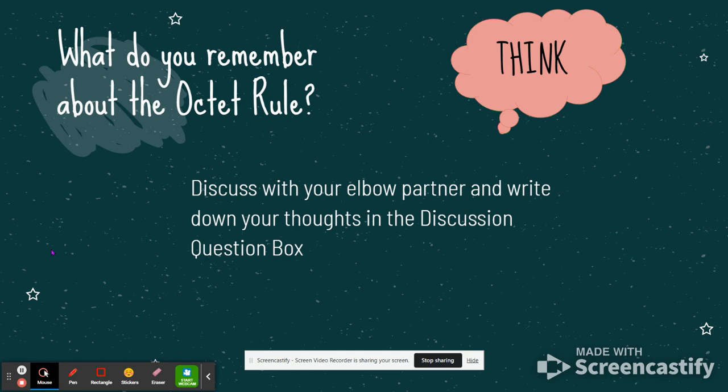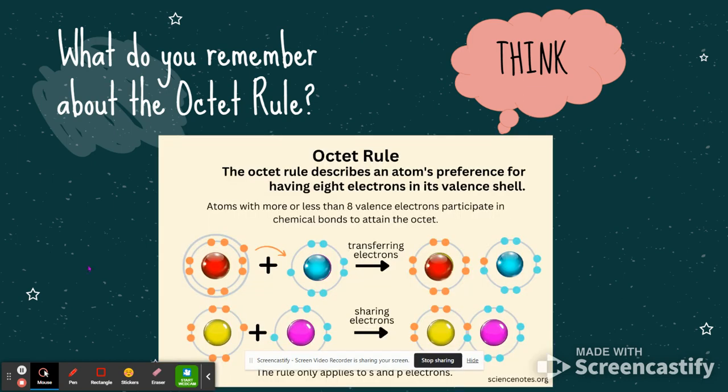All right, so the octet rule, just as a reminder, is an atom's preference for having 8 valence electrons in its outer shell, its valence shell. Atoms with more or less than 8 valence electrons are going to participate in a chemical bond in order to attain that octet. In this first part of the picture, you can see the transfer of electrons.